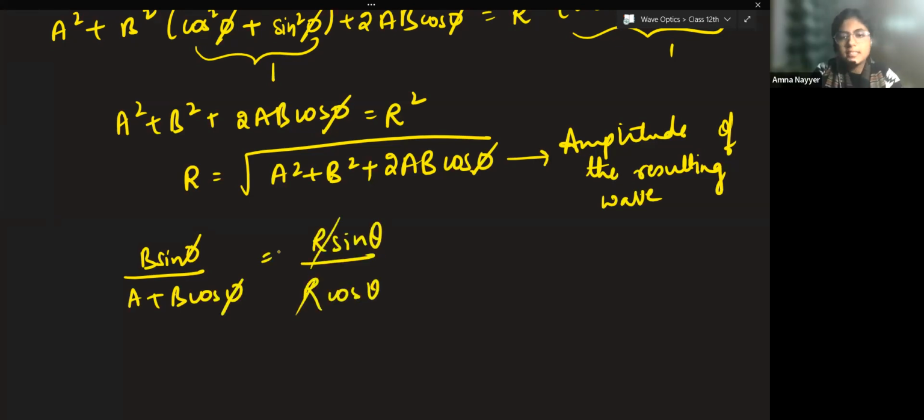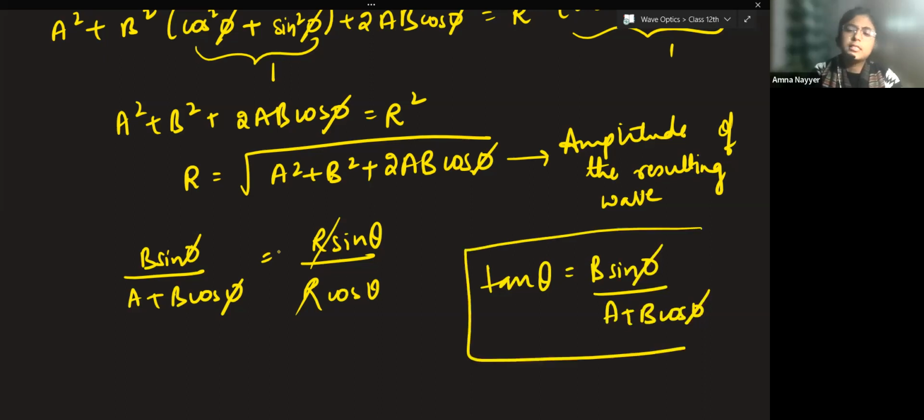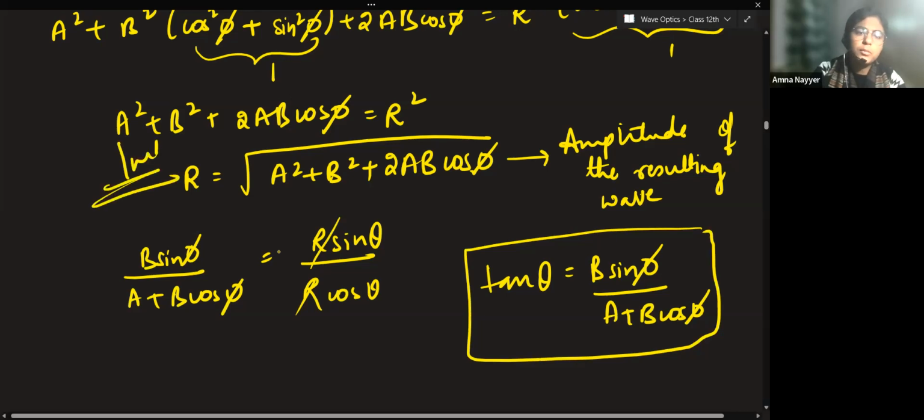R getting cancelled, tan theta will be equal to B sin phi by A plus B cos phi. This does not get used so much. This equation is important. This equation gets used. Fine. Note down this amplitude part.